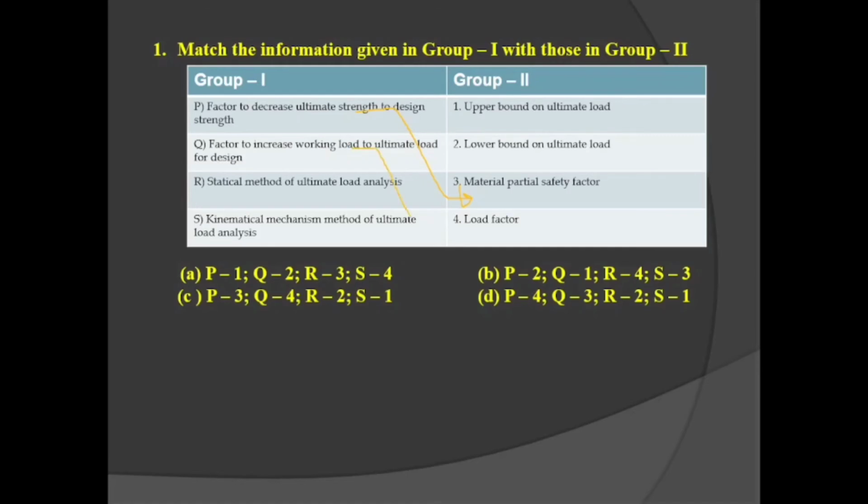The statistical method is the lower bound theorem and the kinematic method is the upper bound theorem. So P3, Q4, R2, S1. So our option number C is correct.